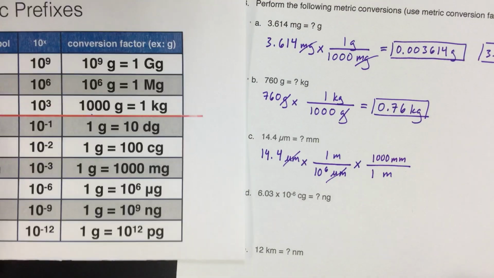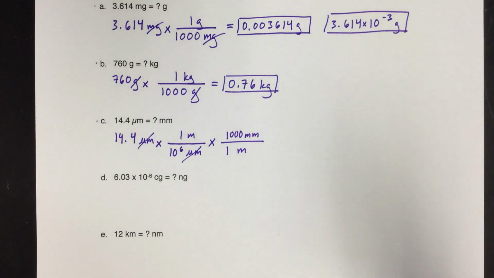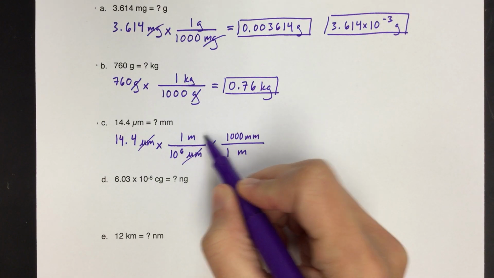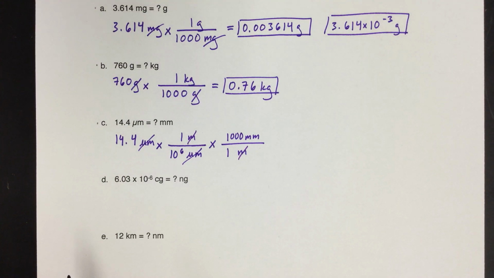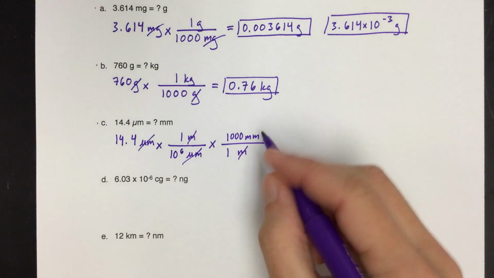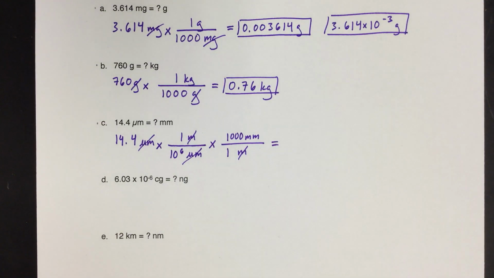The way you set that up is just because of the units needing to cancel. We put meters on the bottom because we needed it to cancel with the meters on top in the previous conversion factor. Now we're left with millimeters on the top, which is what we wanted. So that's good, and we can stop because we have the units we want.